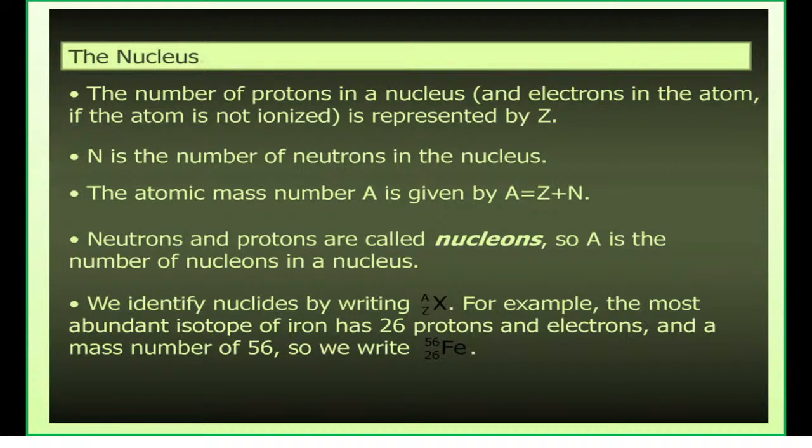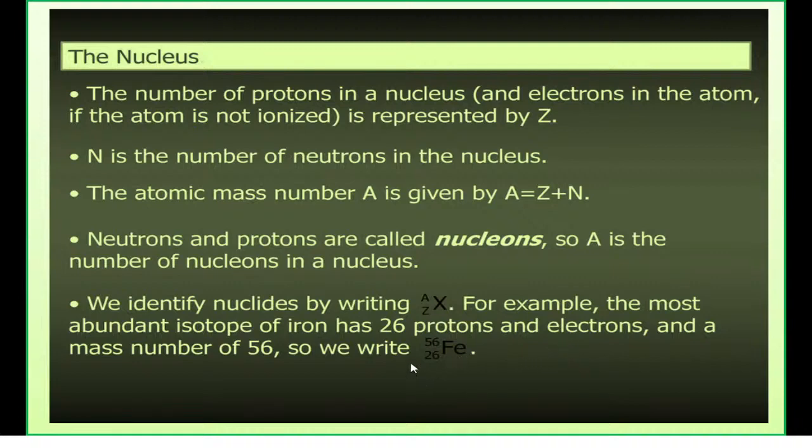Neutrons and protons are called nucleons. So A is the number of nucleons in a nucleus. We identify nuclides by writing the symbol of the element. For example, the most abundant isotope of iron has 26 protons and electrons and a mass number of 56.